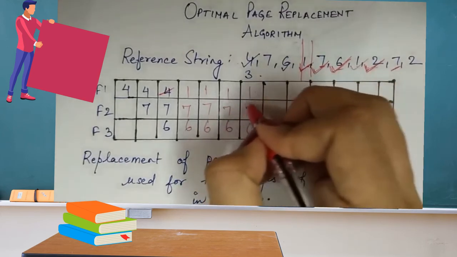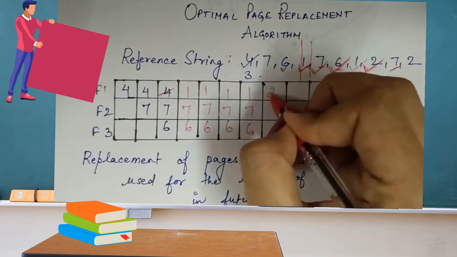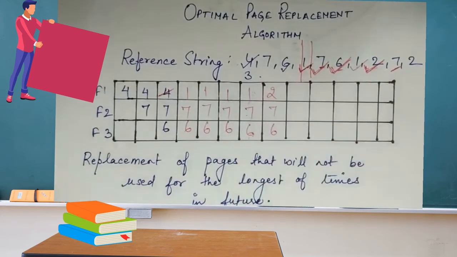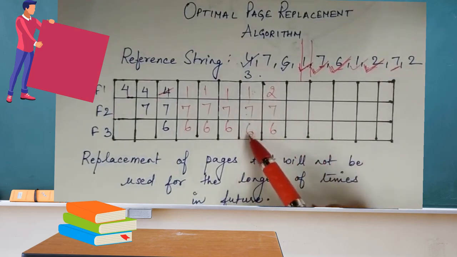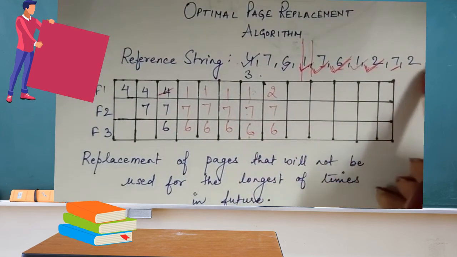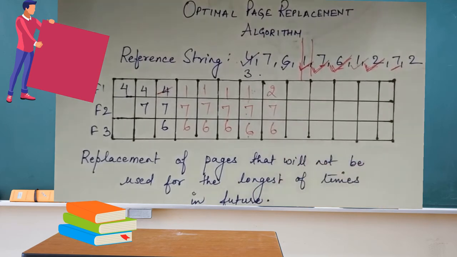Let's say I am replacing 1, so we have 2, 7 and 6. You can replace either 1 or 6, because neither 1 nor 6 is going to be demanded by the CPU for the longest time.